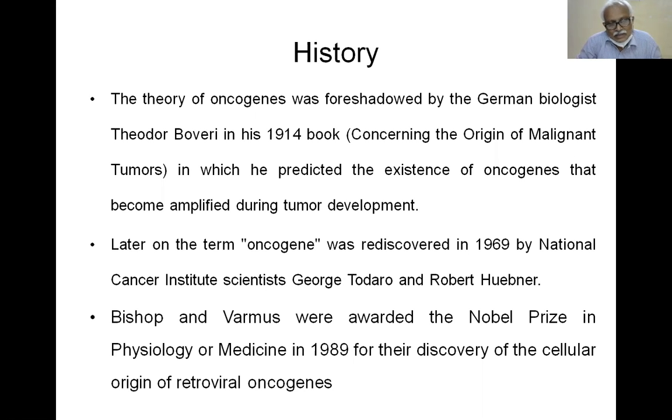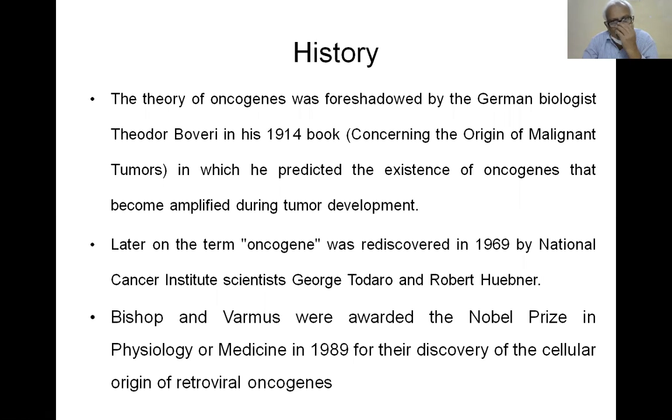So Bishop and Varmus, if you read their biography, you'll find wonderful habits, and these habits together they worked up, and finally it led them to get the Nobel Prize in Physiology and Medicine in 1989. They discovered the cellular origin of retroviral oncogenes. This is what we should know about the history.